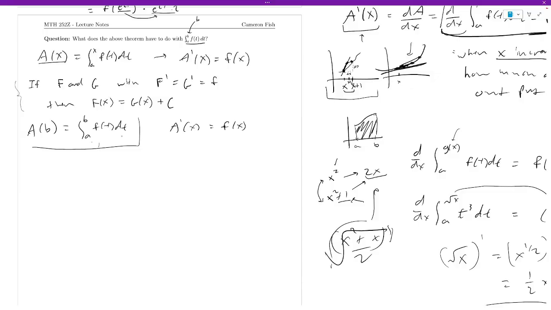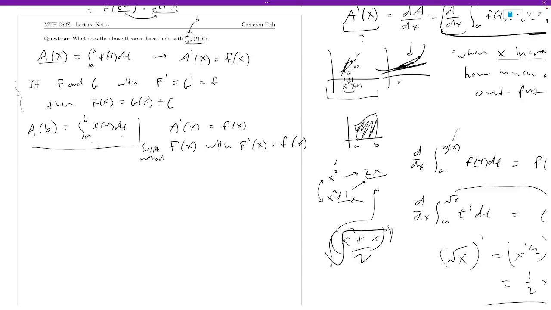So let's imagine that I had some other antiderivative of f. Suppose we already knew about some big F of x, which is the antiderivative of little f.